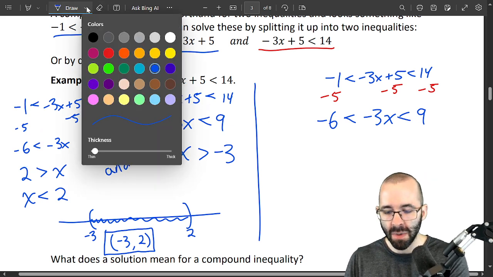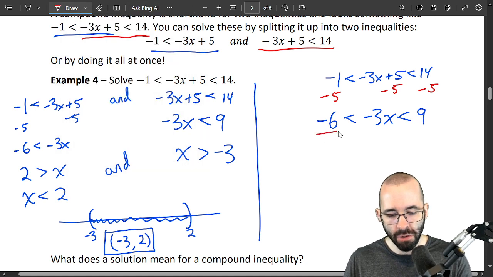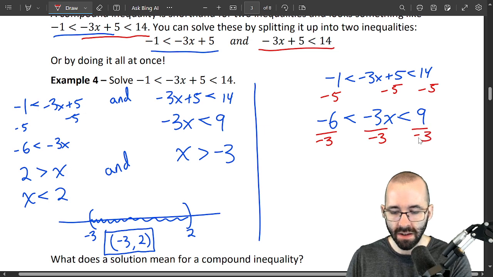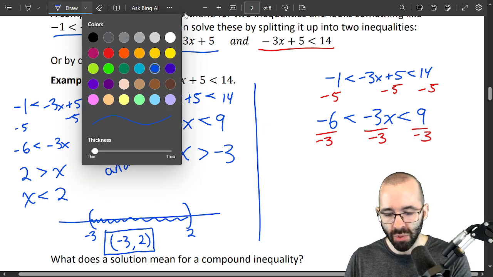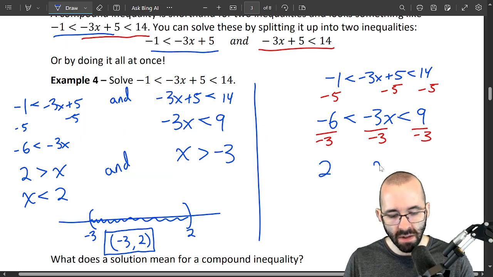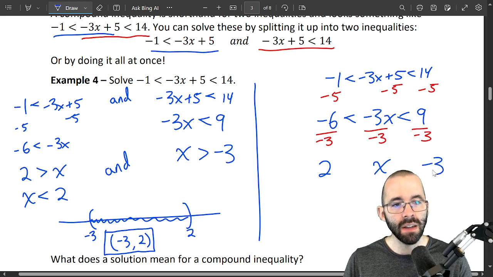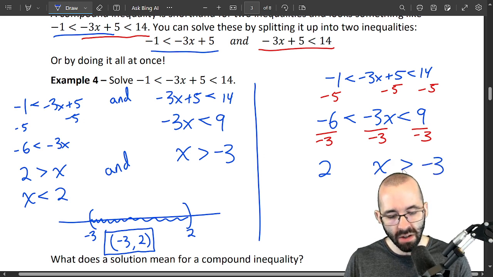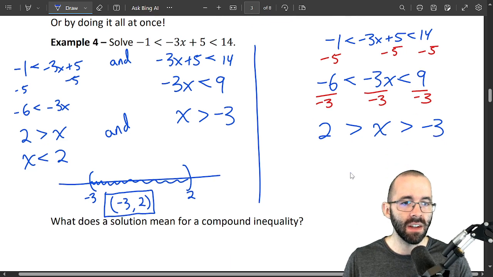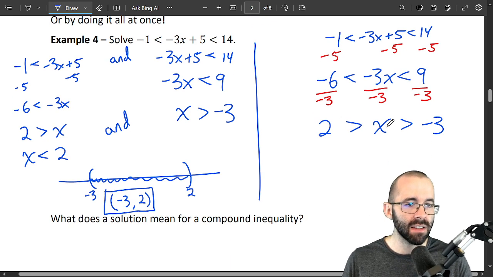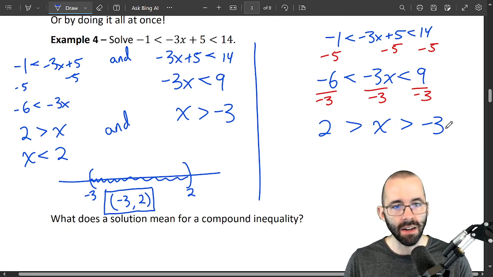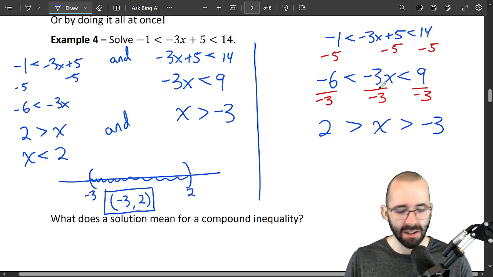Now divide all three sides by -3. When we do that, we get 2, x, -3, but the inequalities switch directions. The 2 has to be bigger than x, and x has to be bigger than -3. This won't always make sense, but it does make sense here.